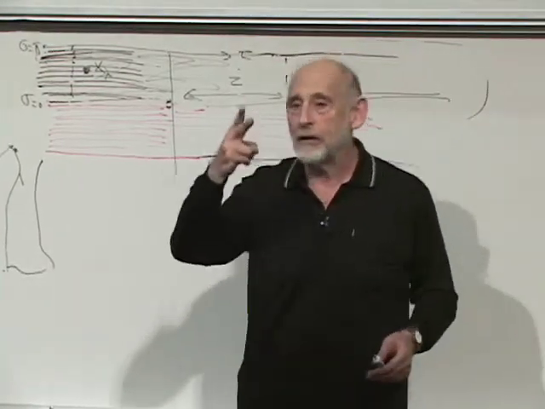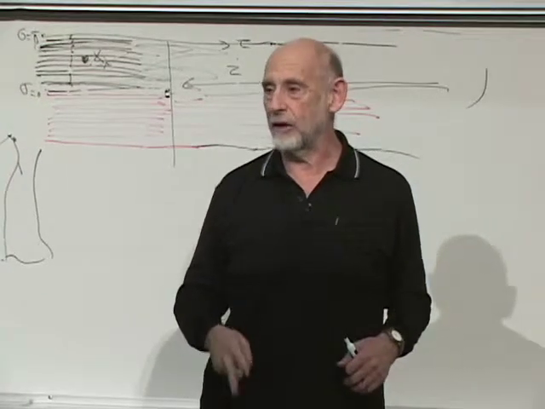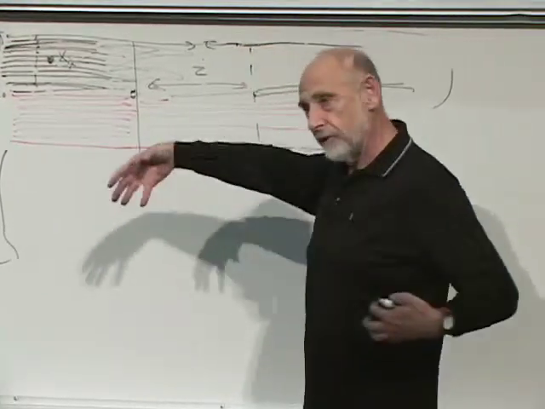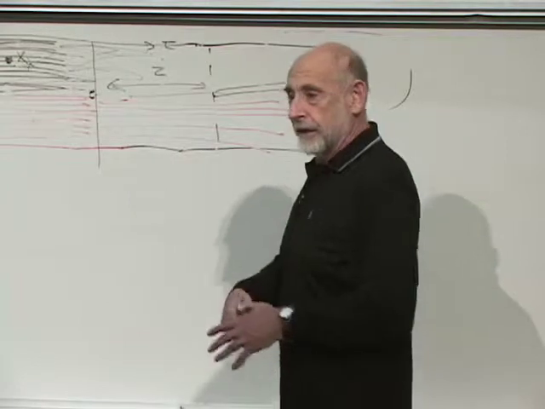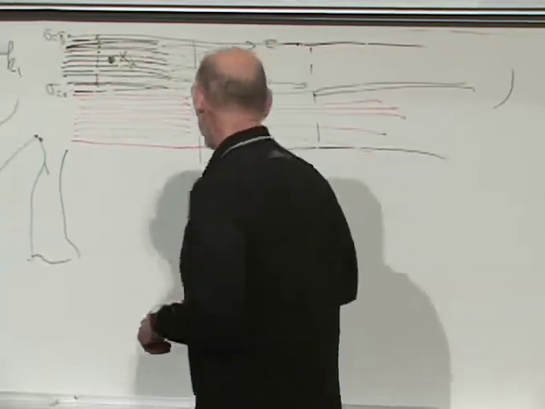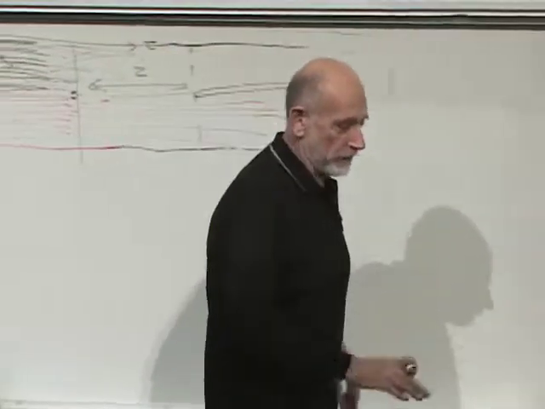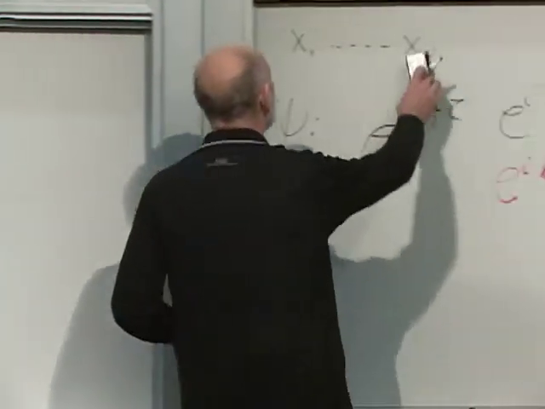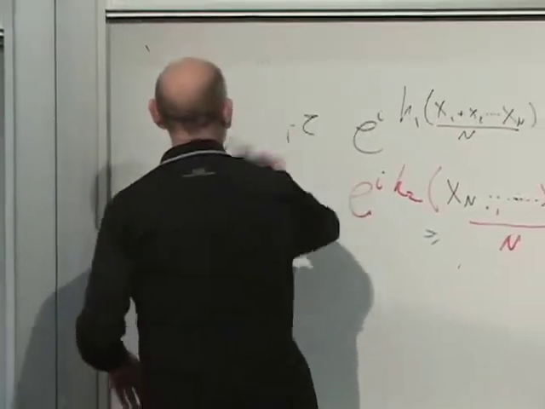Then basically you take your scissors and cut the spring in the middle and let it evolve after that. That calculation is quite doable, not even very hard. It's just too much for the blackboard for one evening, but I'm going to tell you what the answer is.